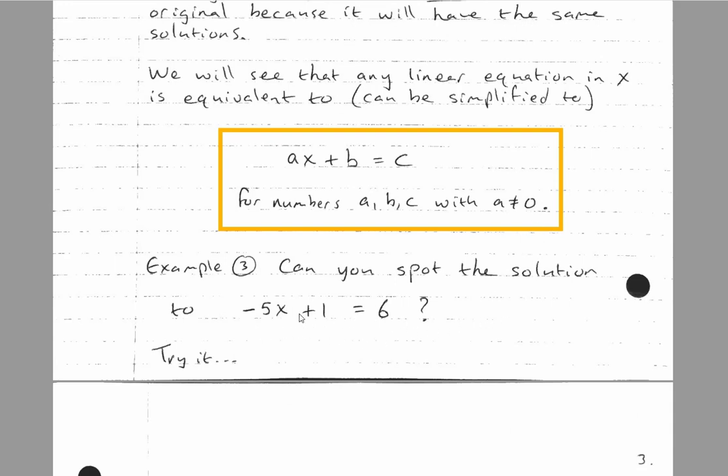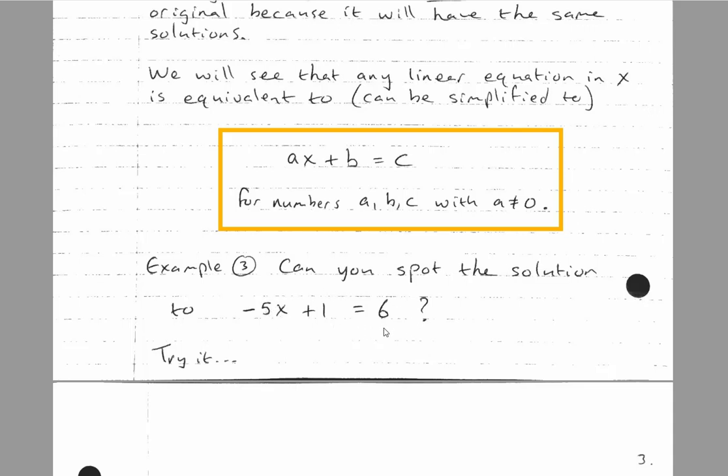So here's a linear equation that looks like this. Instead of a, we have negative 5, b is 1, c is 6. Can we spot the solution to this? Can we see an x that makes this work?